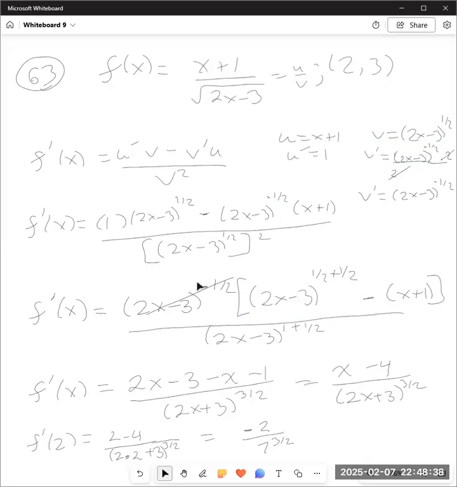Negative x minus 1, 2x minus 3. That's x minus 4. That comes down to the 3 halves power. This 2 is a negative 2, 4, and that's supposed to be a minus 3. That's what's wrong. Minus.